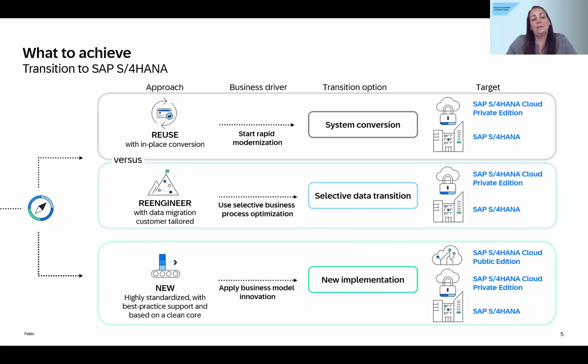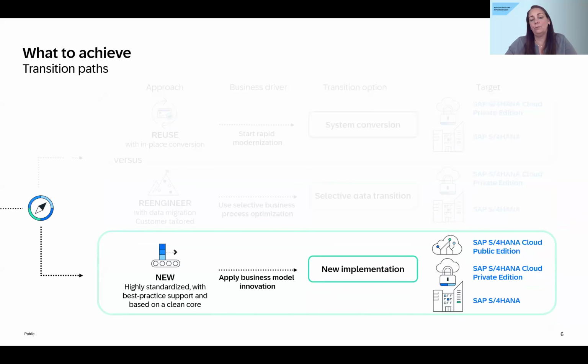As you might know, there are different transition paths to SAP S/4HANA. You have the system conversion, the selective data transition, and the new implementation. All these are options to move your old system, either non-SAP or SAP, to SAP S/4HANA. The Migration Cockpit is located in the area of new implementation.